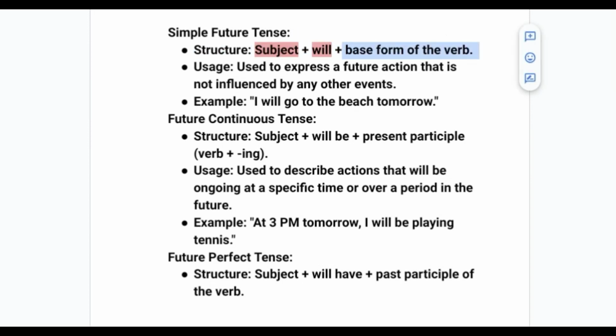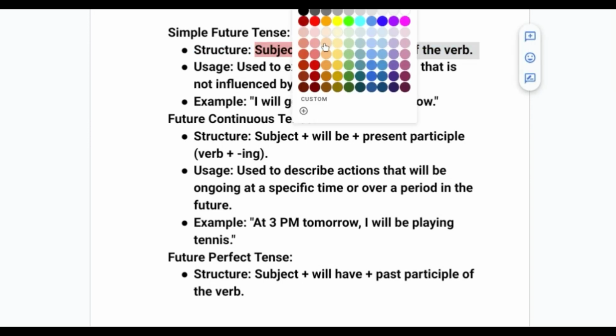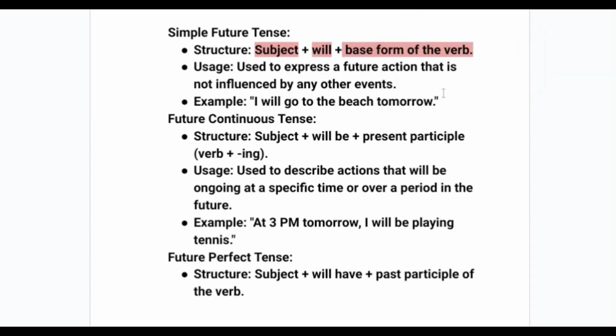I'm highlighting all this because this is how the simple future tense is formed. If you don't know how to form it, then you need to learn it because it's the main thing. You need to know how it is formed, to know when a simple future tense is used in sentences. And the usage of the simple future tense is that it expresses a future action that is not influenced by any other events that are now.